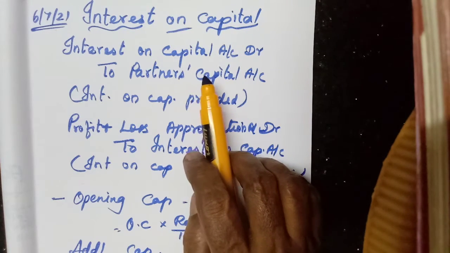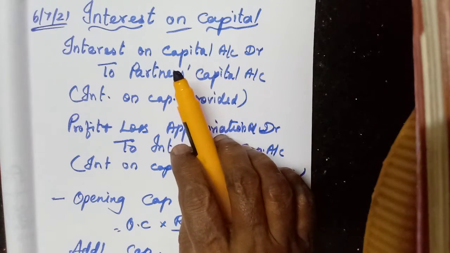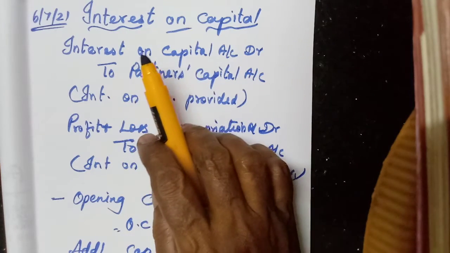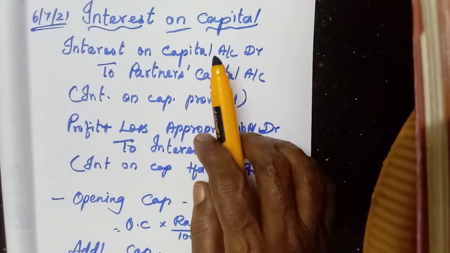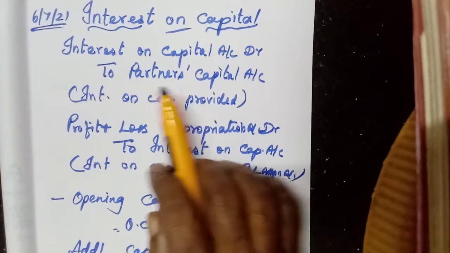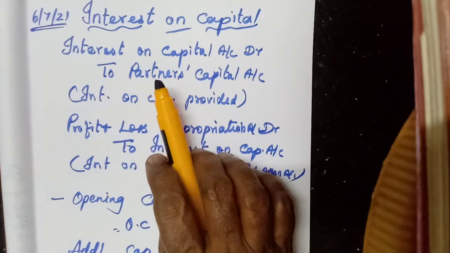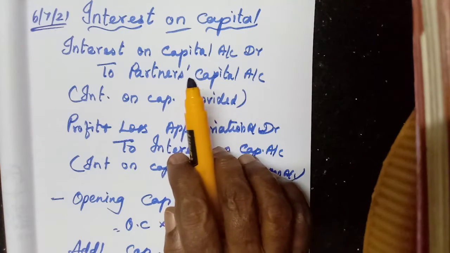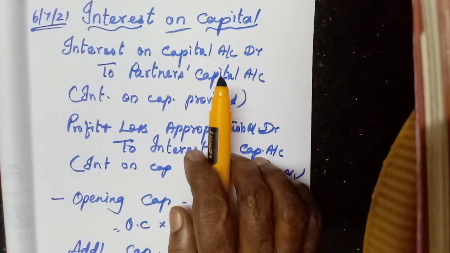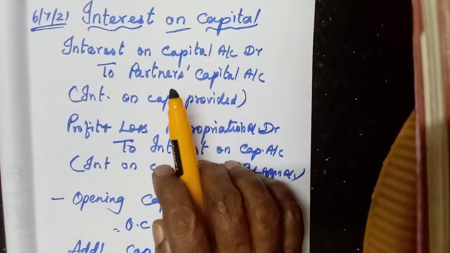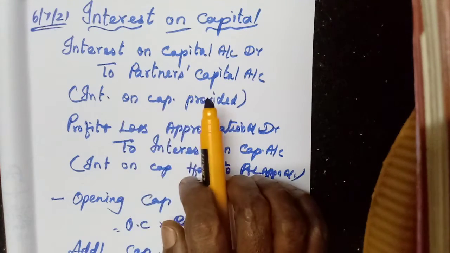First of all, we should prepare the journal entry. Interest on capital is an expense, so we should debit it, and the partners' capital accounts should be credited. If there are two partners, we write each partner's name, then capital account, like Tamil and Ben's capital account. Then interest on capital provided.